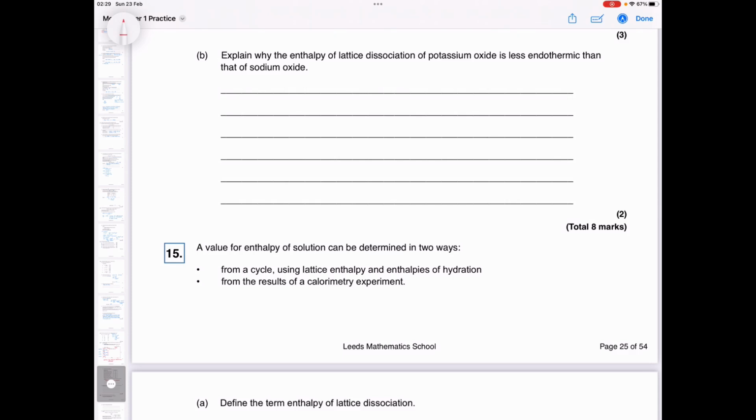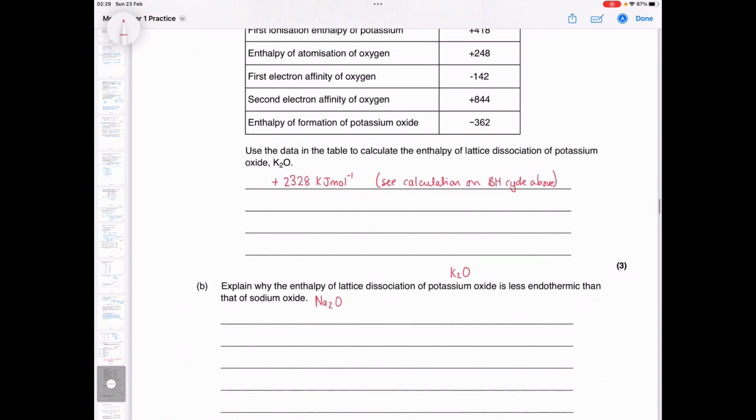Part B then, explain why the enthalpy of lattice dissociation of potassium oxide, K2O, is less endothermic than that of sodium oxide, Na2O. Okay, so endothermic means how positive it is.